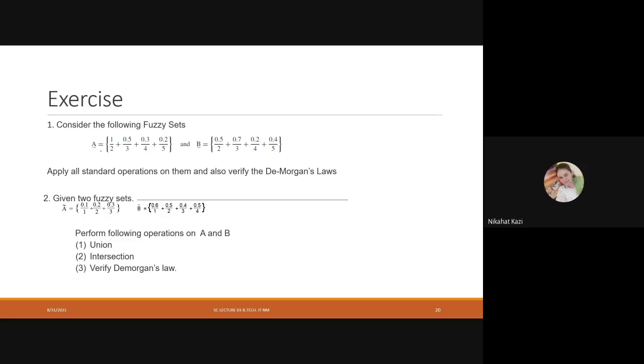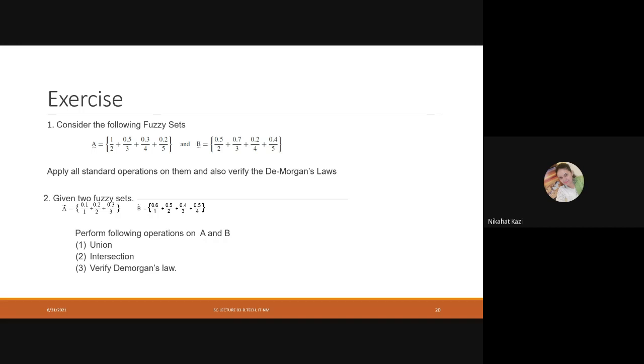You can try this. Those who have not had practicals, it is okay. If you want that explanation in your lab, definitely I will give that. But I think you can practice this: simple union, intersection, and De Morgan's laws.